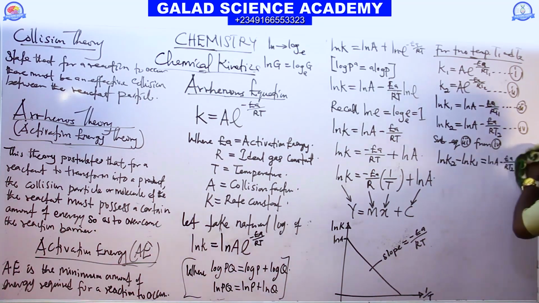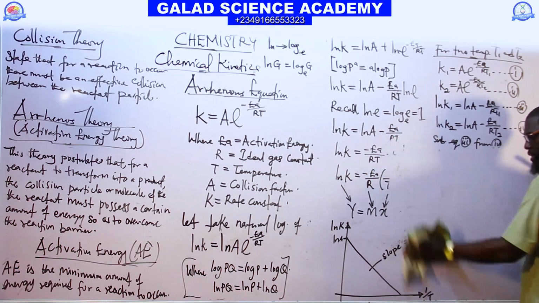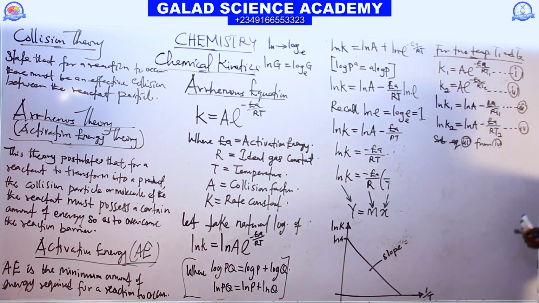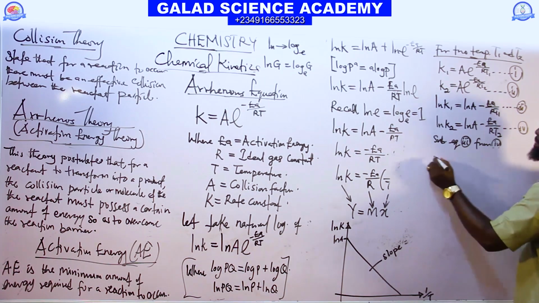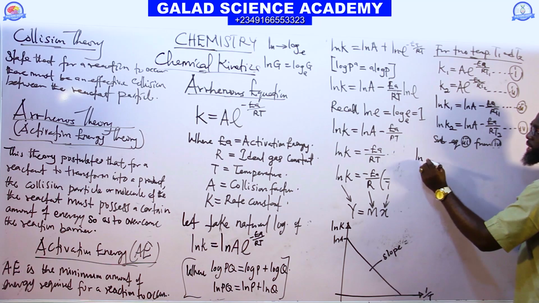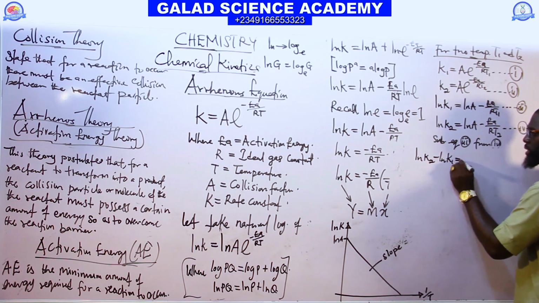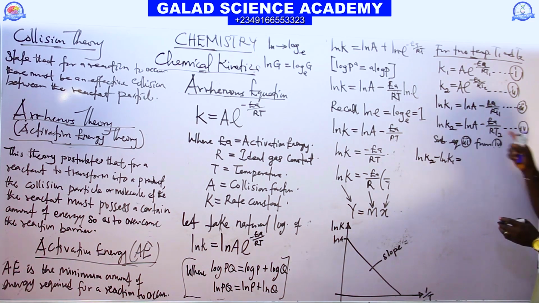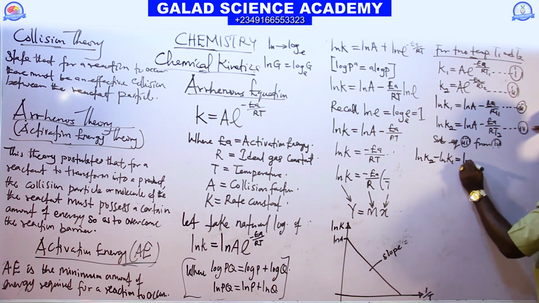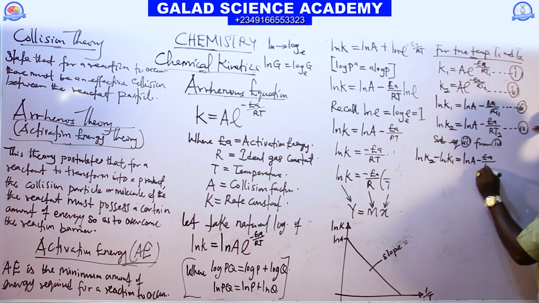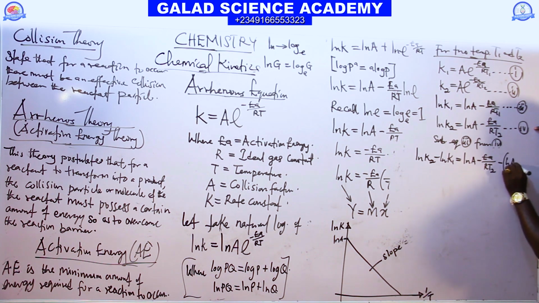Let me rub this, I need more space. I will have ln k2 minus ln k1. Everything you have here, subtract this from this. You have ln A minus Ea over RT2, minus ln A minus Ea over RT1.